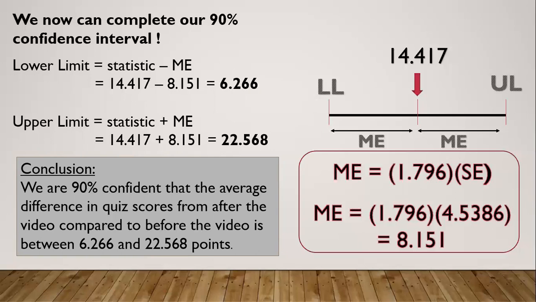We're going to say that we are 90% confident that the average difference in scores from after the video compared to before the video on this verb quiz for the French class students was somewhere between 6.266 points and 22.568 points. Clearly, the video was effective in increasing the overall scores for the class at large.